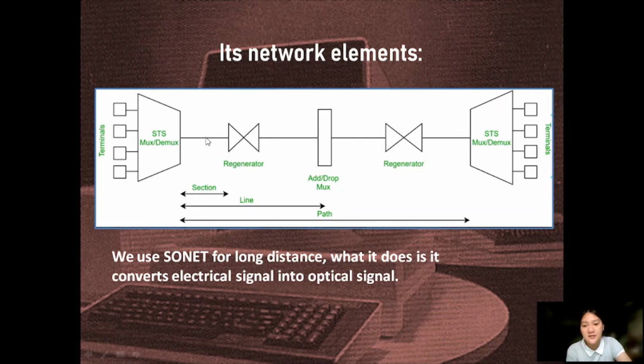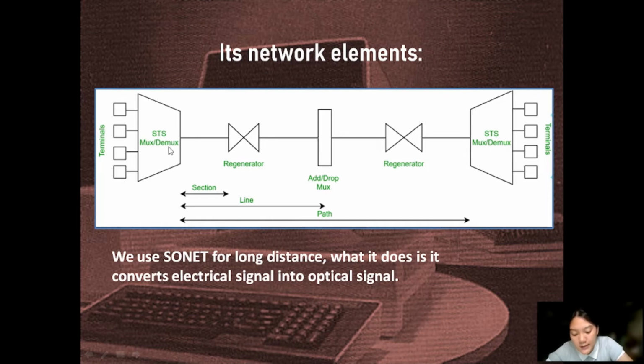This represents the section, the line that connects two multiplexers, and the path, which is the end-to-end of the network. So first, STS stands for Synchronous Transport Signal, and the STS multiplexer or MUX multiplexes the input signal that is provided in the terminals.